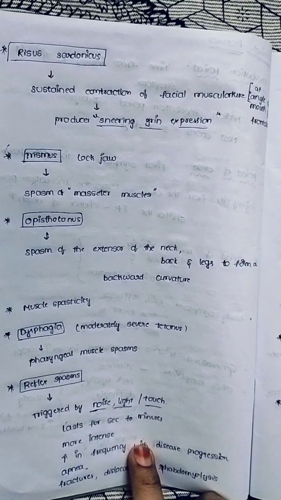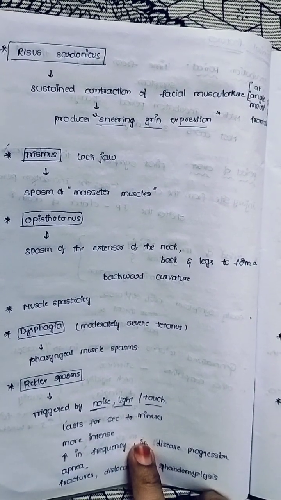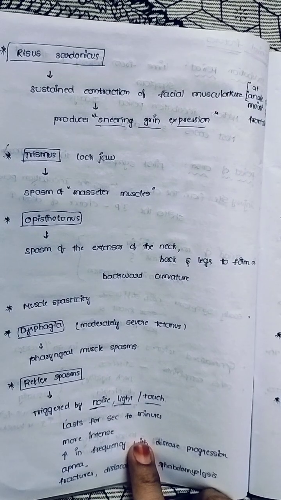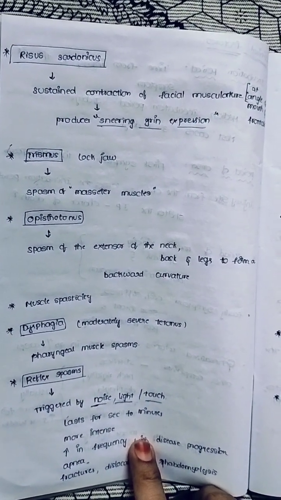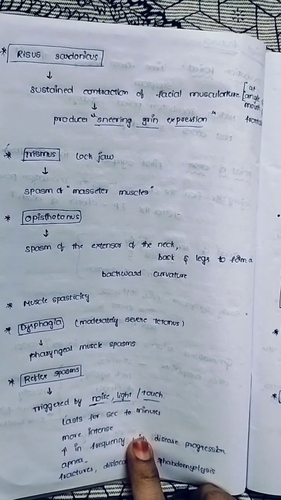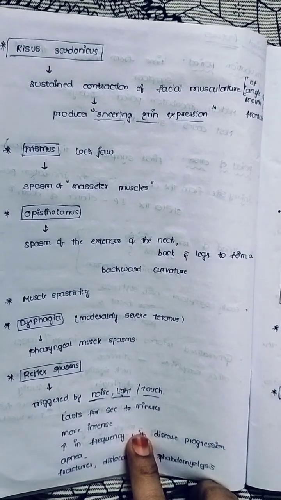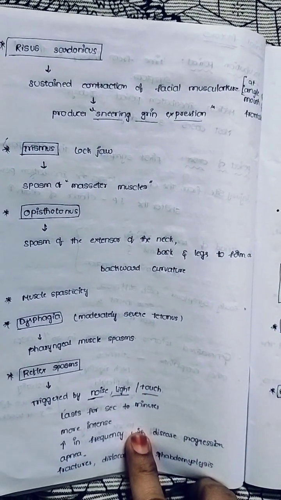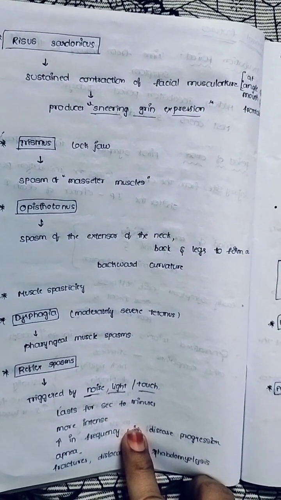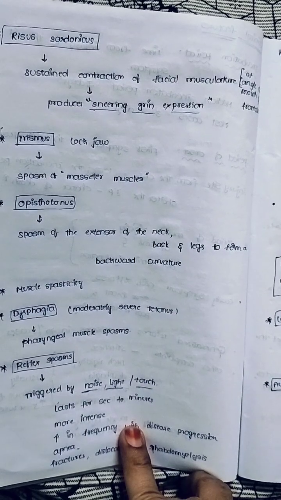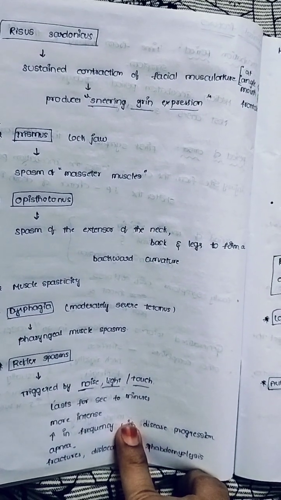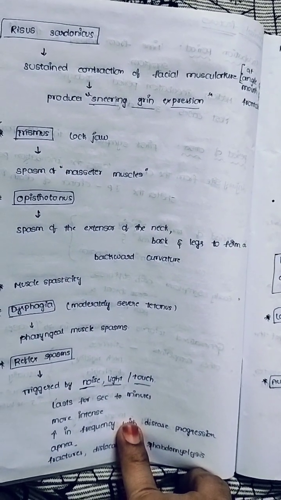Another one is trismus, also called lockjaw, which is mainly due to spasm of the masseter muscles. Generalized tetanus may also include trismus. Another one is opisthotonus, spasm of the extensors of the neck, back and legs to form a backward curvature.